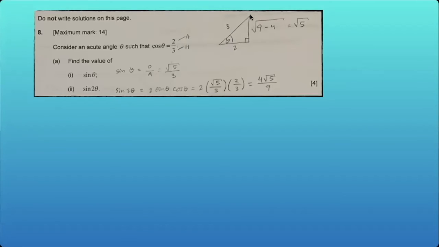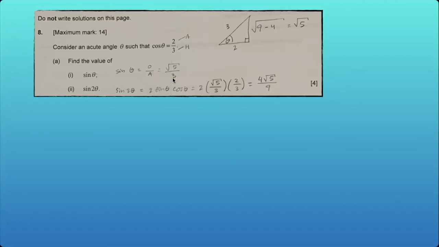Therefore, we can find the length of the opposite side using Pythagoras, which is equal to the square root of 3 square subtracted by 2 square. That gives us square root of 5. Therefore, sine is equal to opposite divided by hypotenuse, which is root 5 over 3. So there you go.